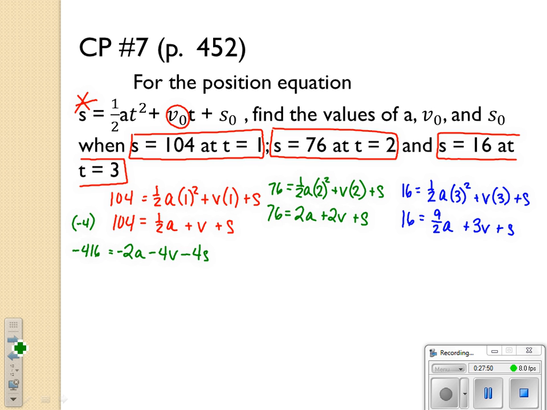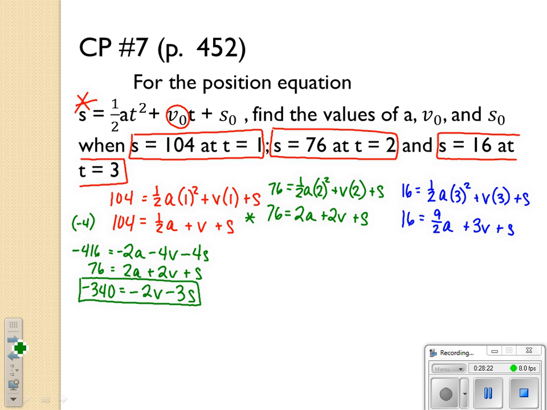Now I'm going to write equation number 2 underneath here so I can combine them. 76 was equal to 2a plus 2v plus s, and combine. So I get -340. The a's eliminate. -2v minus 3s. So just sit on that one for a second. I've got an equation now that has just two variables. I'm going to be coming back to this.